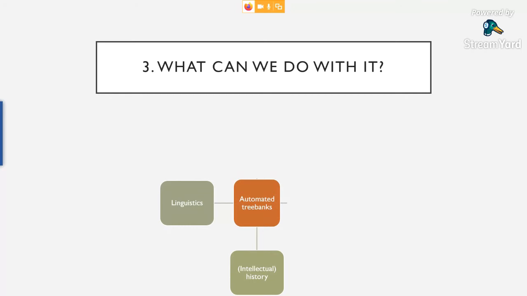But also for historical questions, these automated treebanks can be useful. For instance, historical data from the papyrus corpus can be processed by making use of certain collocations which can occur in the data, and also conceptual or intellectual history can benefit very much from a large corpus of automatically generated data.